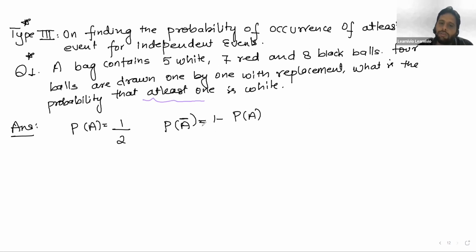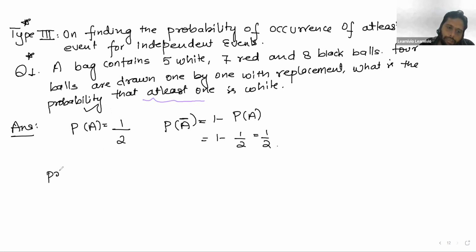You know this formula. So whenever you are finding not, we use 1 minus the probability P(A). So this is 1 minus 1/2, which gives 1/2. P(A not) is the opposite of P(A), so the formula is 1 minus P(A).